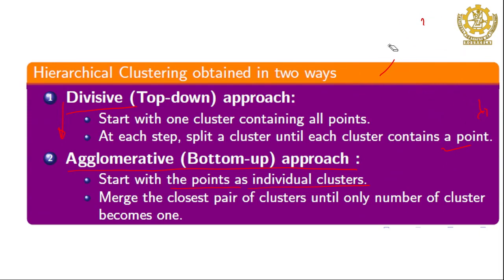I will explain in more detail. Let us say there are 4 points only. You start with each individual point as a cluster, and then you merge the closest pair, say 2 become 1, until all points become a single cluster.